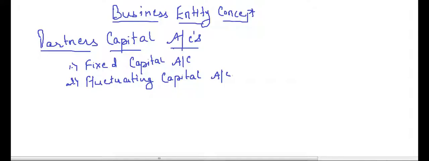Now, fixed capital means the capital the partners have introduced in the beginning is fixed, it will not be changing. So in the fixed capital account, the capital that the partners have introduced in the beginning, or the capital which the partners introduce in the middle, will be shown in the partners capital account.